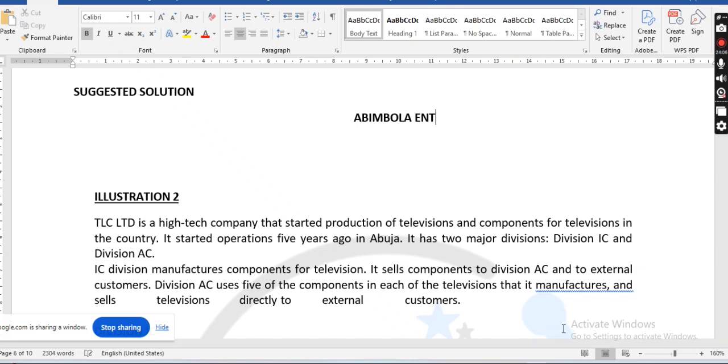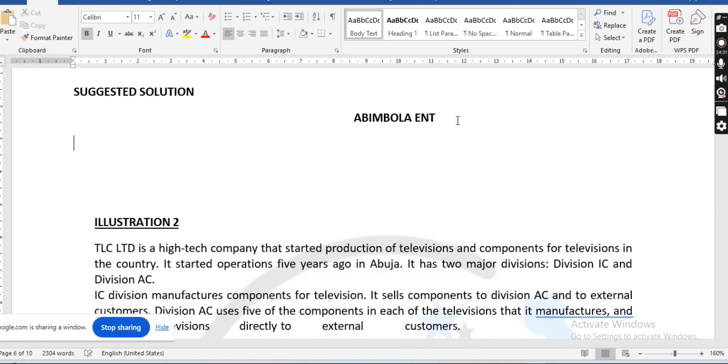Please, presentation matters a lot. I beg you, present your work very well. The name of the company is 1 mark. You get your 1 mark, 2 marks, and you move on, please.